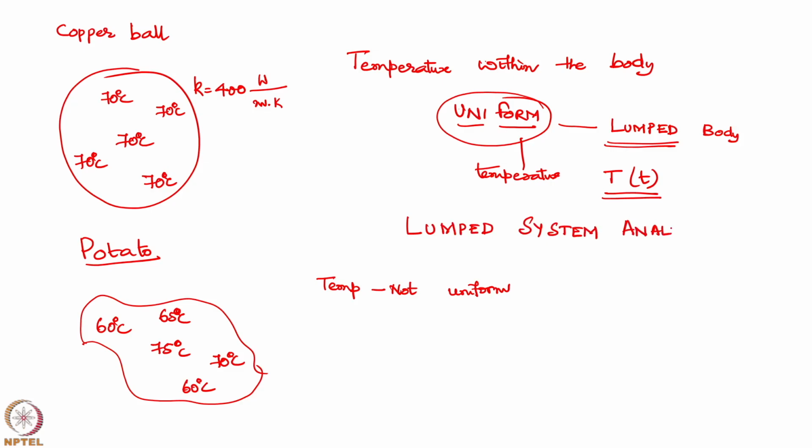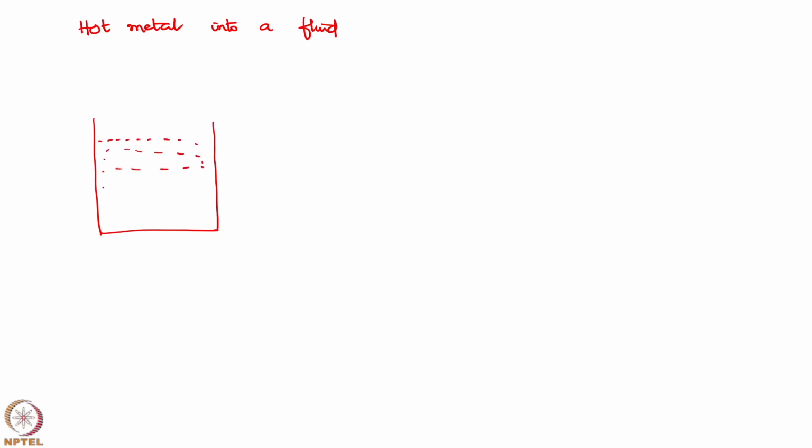Lumped system analysis. So as a starting off, let me take a hot metal and put this hot metal into a fluid. That is, you have a container which is filled with water. Okay. Now I have taken a hot metal which is sitting at Ti, that is, at time t equal to 0, the temperature is the initial temperature Ti.